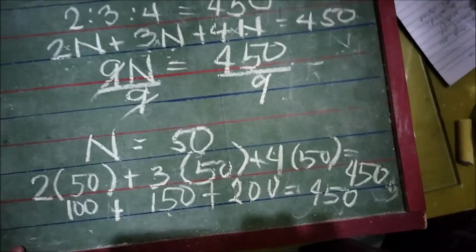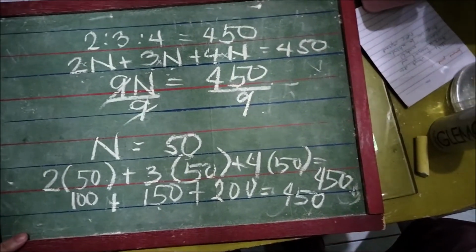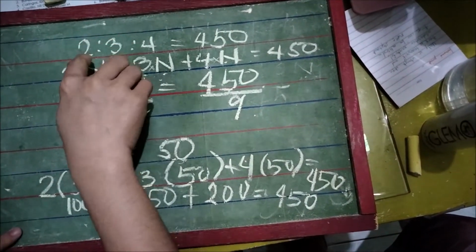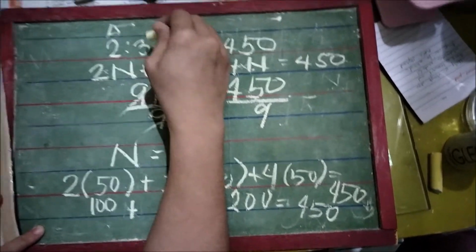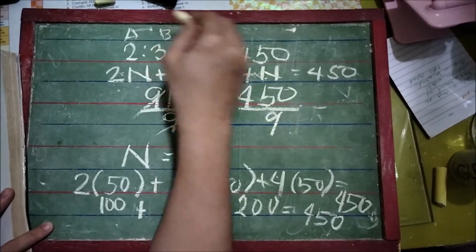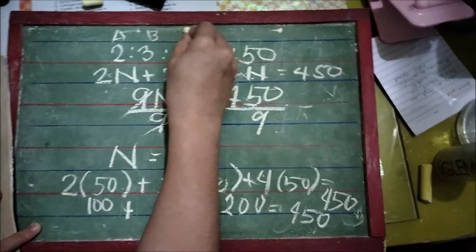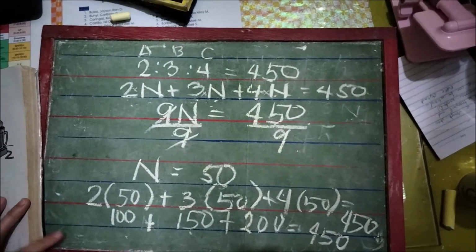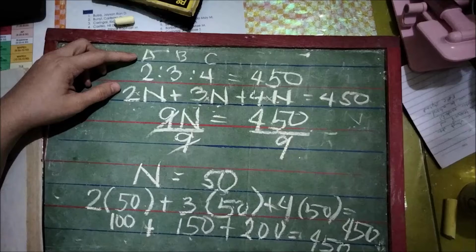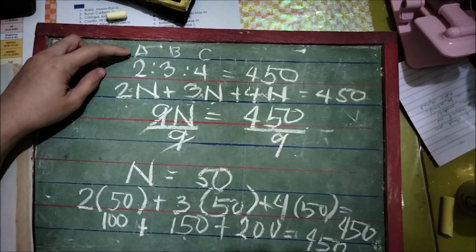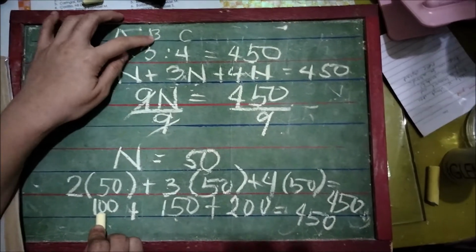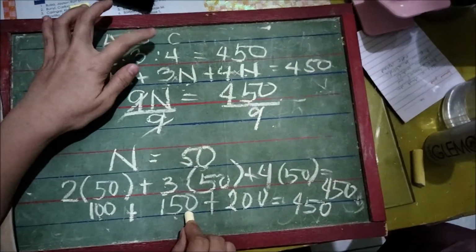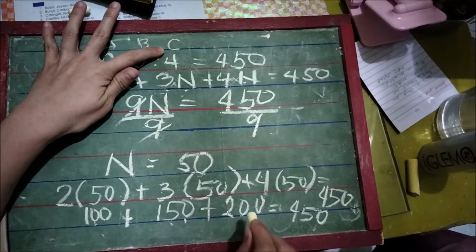Now, if we are going to substitute, say for example, 2 is for letter A, 3 is for letter B, and 4 is for letter C. The number that letter A got is 100. Letter B got 150, and letter C got 200.